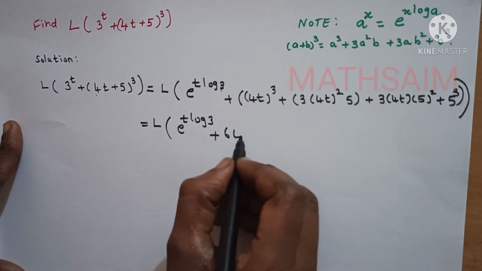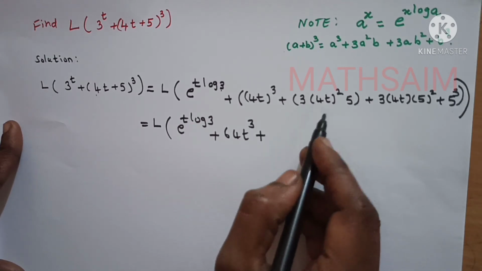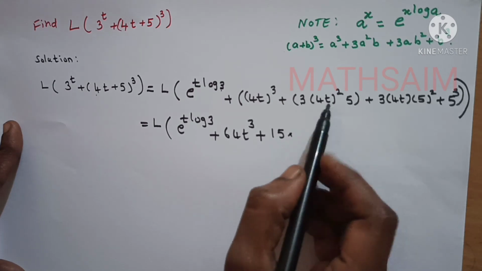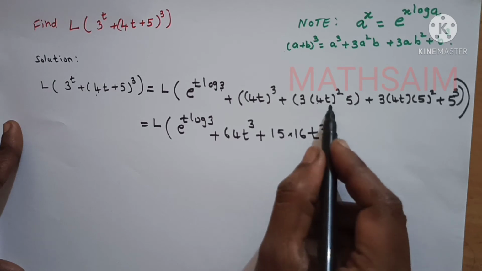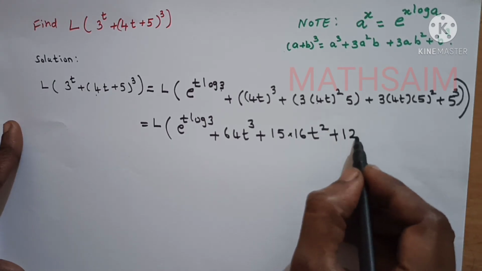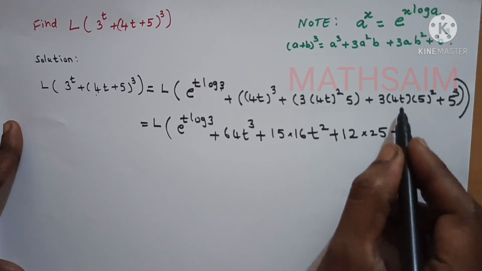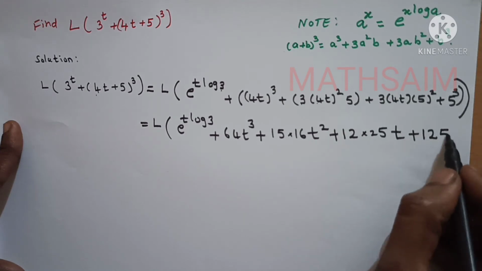It is 64 into t cube, plus 3 into 5 is 15, 4 square is 16, so 15 into 16 t square, plus 4 into 3 is 12, and this 5 square is 25 into t, plus 5 cube, which is 125.